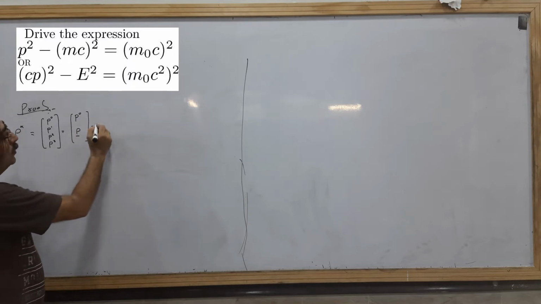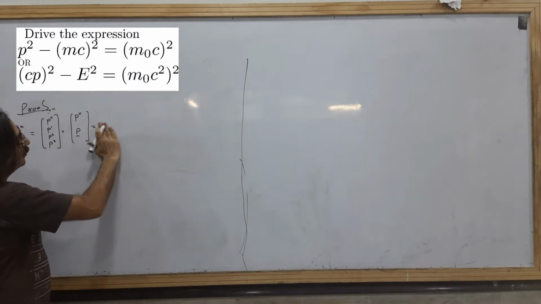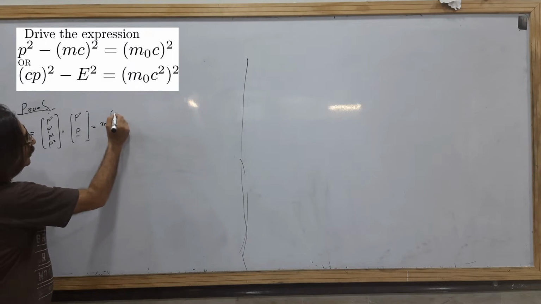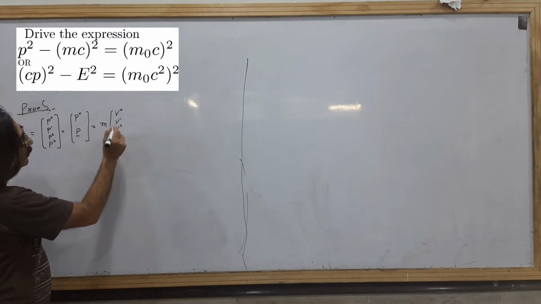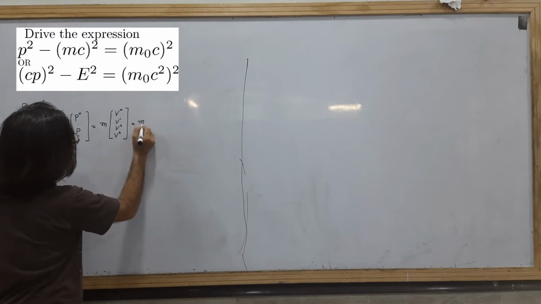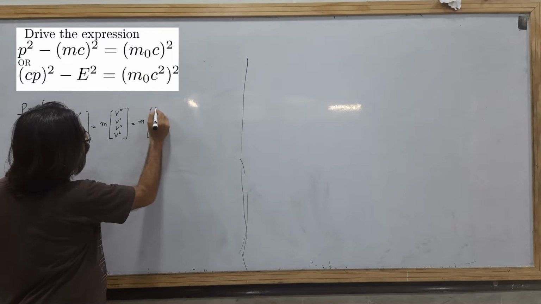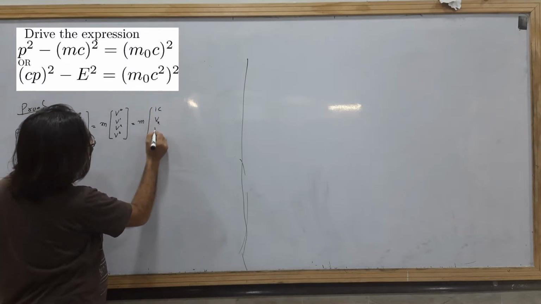So this is equal to mass multiplied by V naught, V1, V2, V3, that is MV. And this mass was iota C, Vx, Vy, Vz.